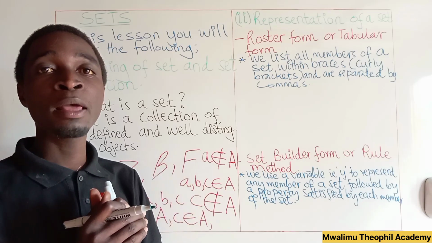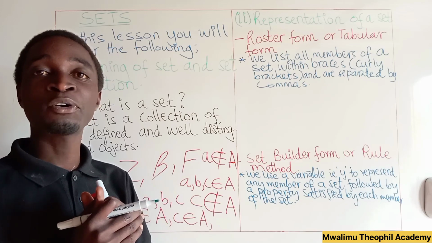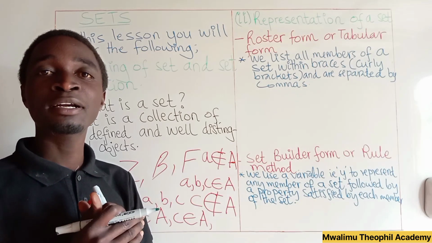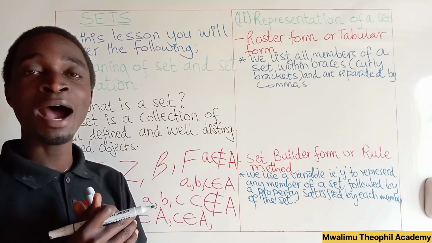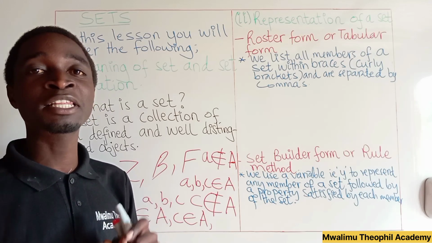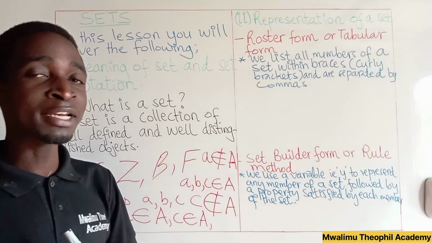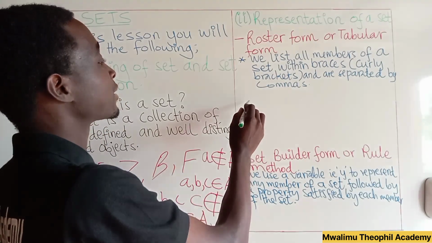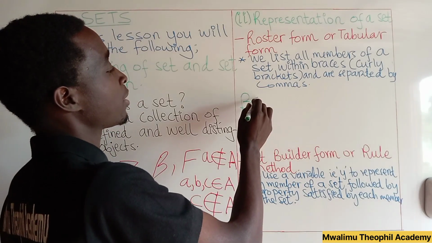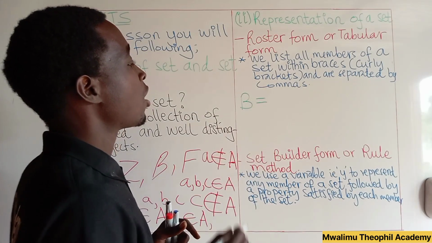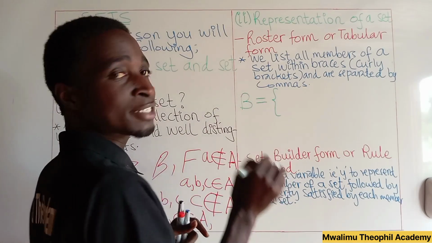For example, maybe set B is a set containing all counting numbers less than 5. Now, how are you going to represent this set by roster form or tabular form? You will write it this way. Set B contains all counting numbers less than 5.